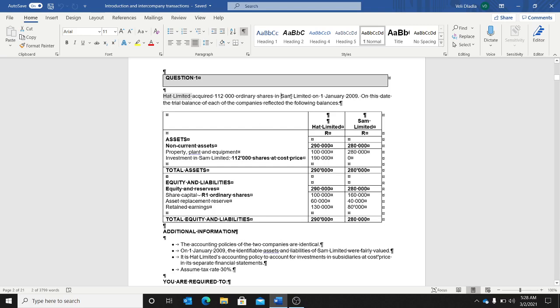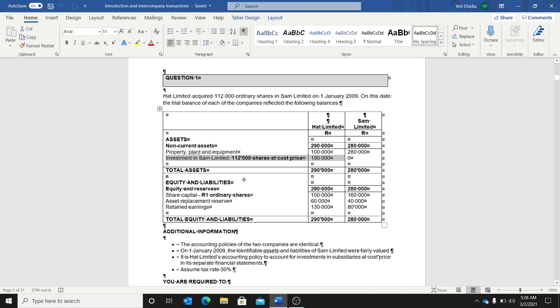And then SAM is called a subsidiary. Right. So you will see here, HAT, which is acquiring SAM, will always show the investment, the amount that they've paid to acquire SAM.